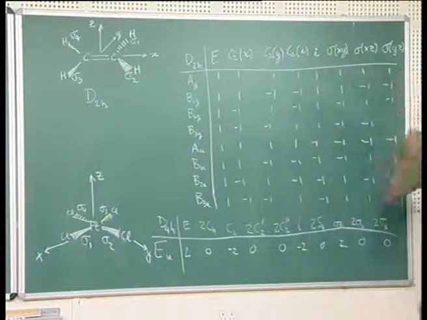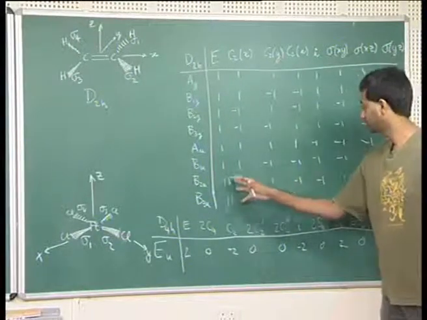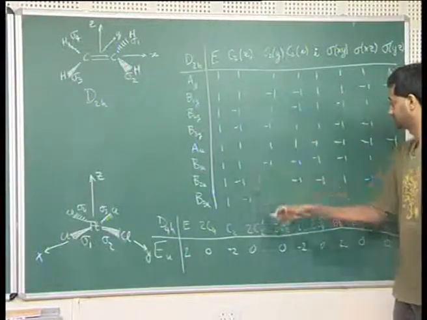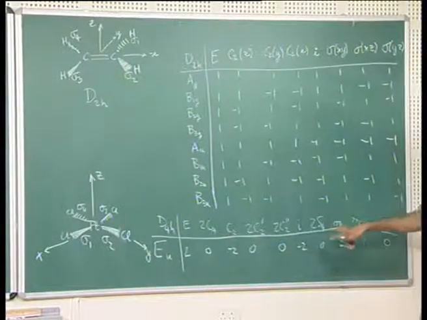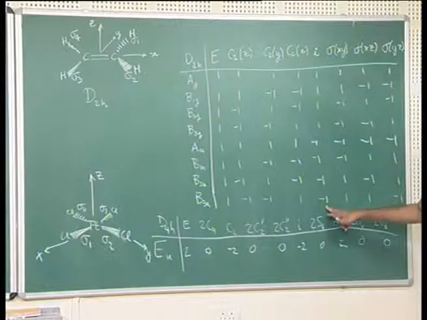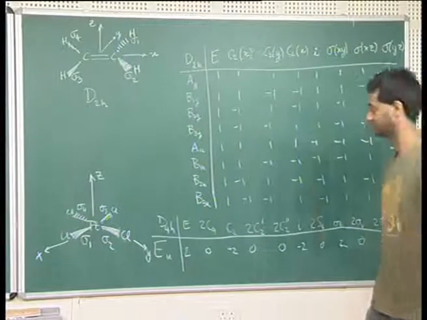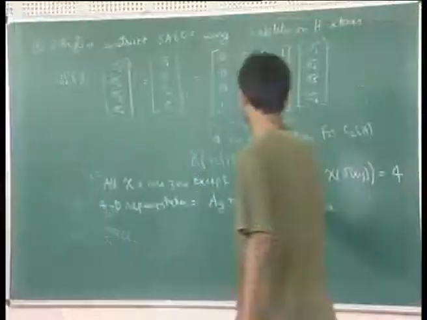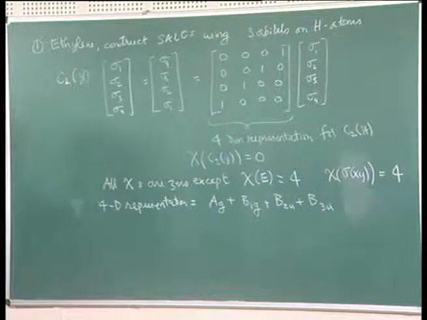Then if I add these two, I'll get 2 here minus 2 here, which will cancel. So we'll get 4 0 0 0 4, no, this is 0 4 0 0. So that's what I'll get, which is exactly the same as these characters. So this 4D representation can be written as AG plus B1G plus B2U plus B3U.